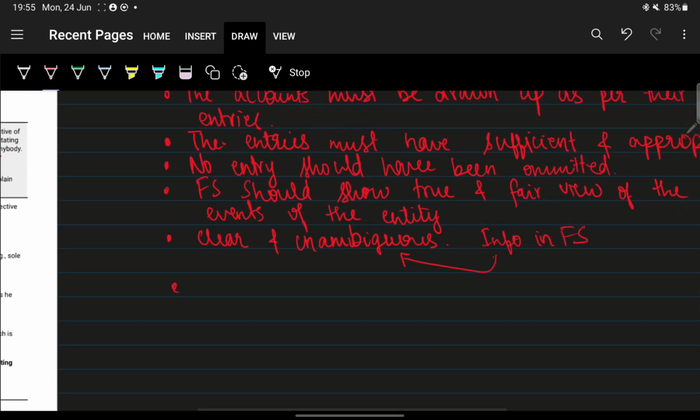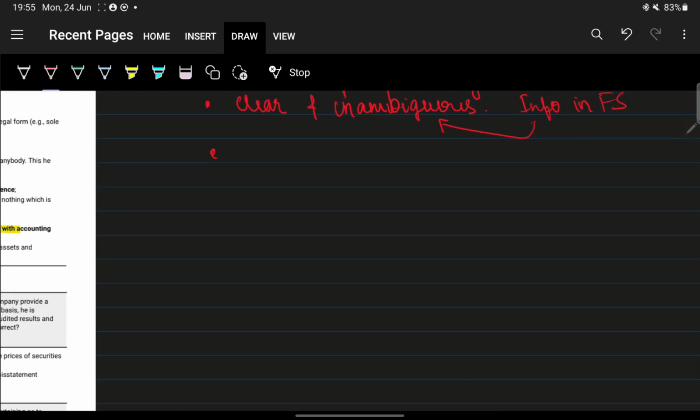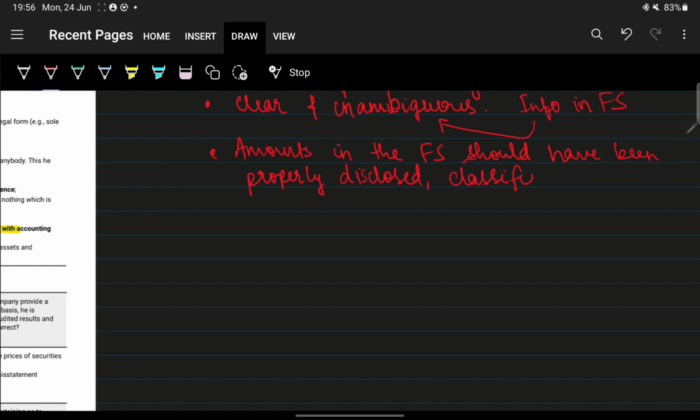And one more point is that the amounts in the financial statements should have been properly disclosed and classified, right? I think that should be enough.